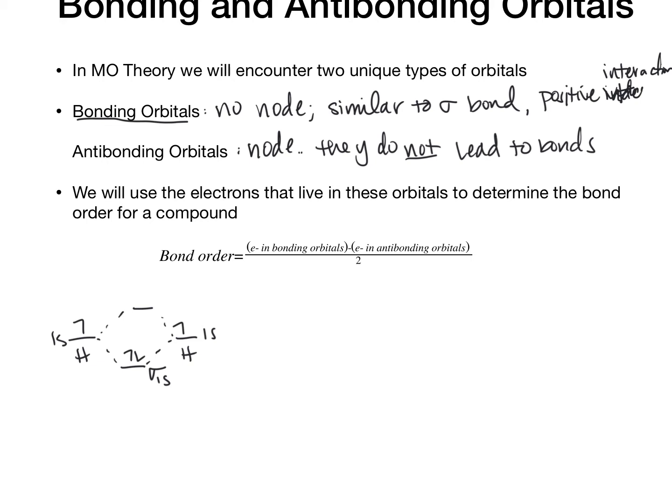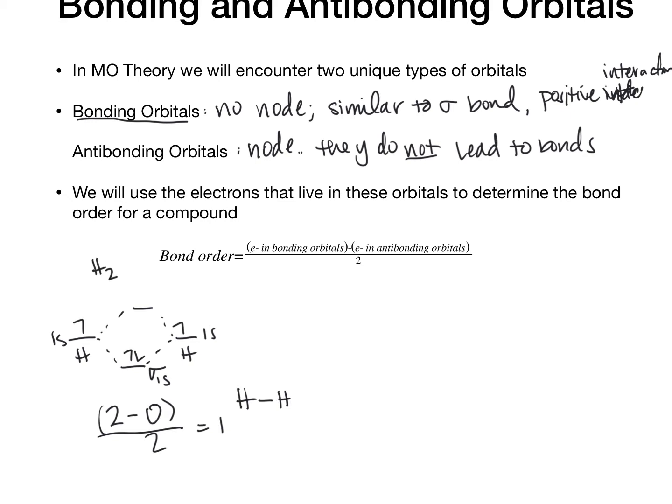The bond order asks, how many electrons are in the bonding orbitals? Here it would be 2, minus the electrons in antibonding, which is none, divided by 2. That gives us 1, which is the same as what we know based on VSEPR structure. So we expect a structure that looks like this for H2.